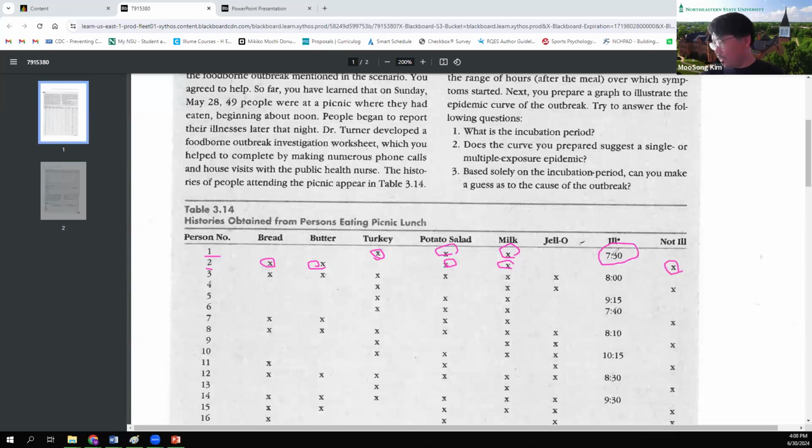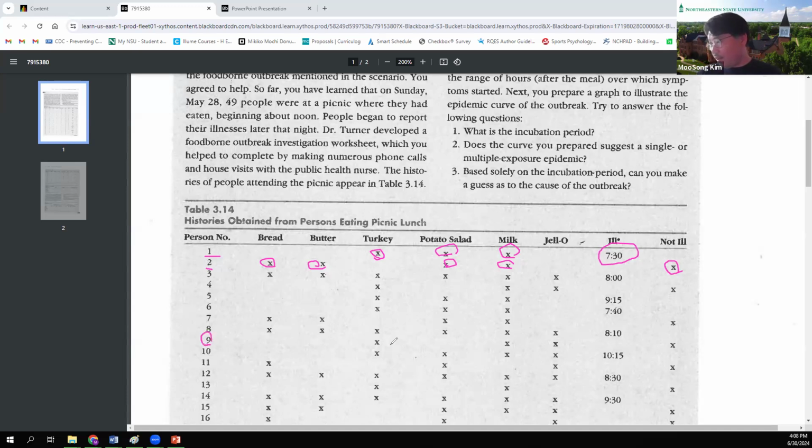This time indicates when these persons started to be sick, and the X mark means not ill. How about number 9?